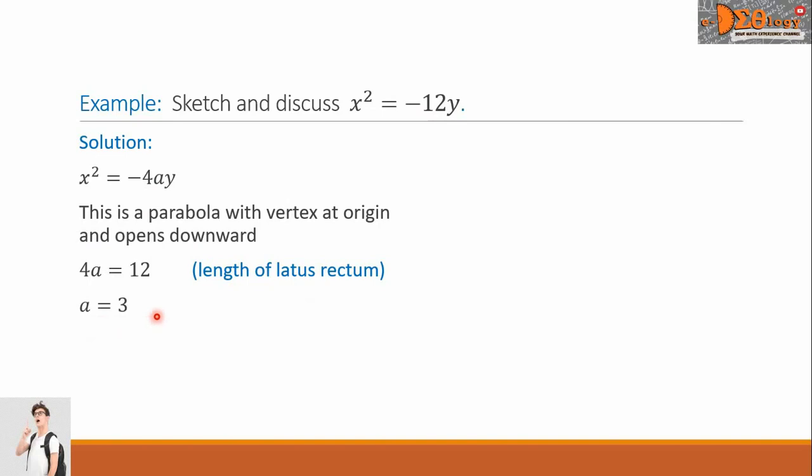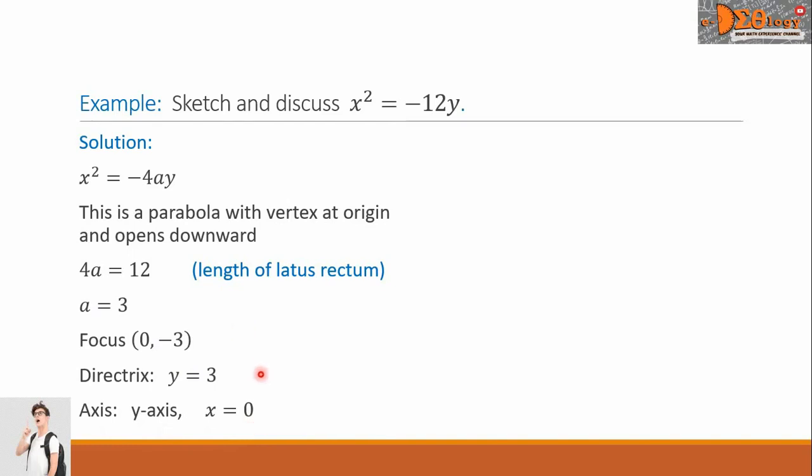And from here, we can now write the coordinates of focus, and that is 0, negative 3. Also the directrix, which is y equals 3. The axis is directly our y-axis with the equation x equals 0.